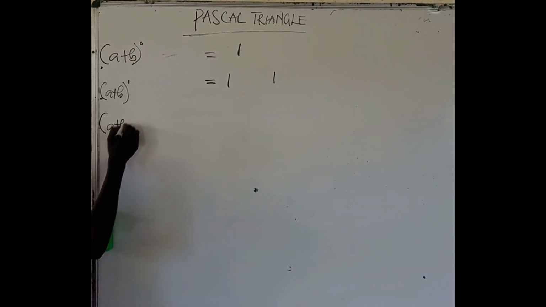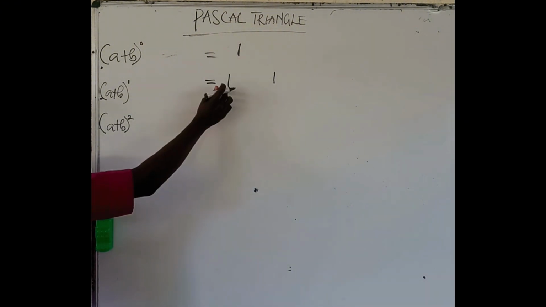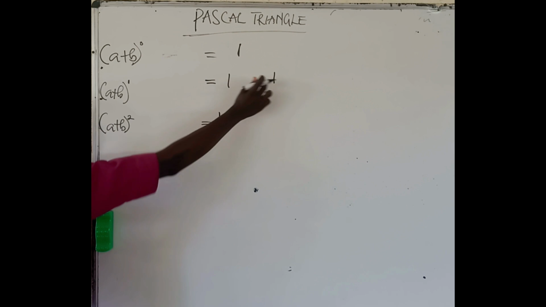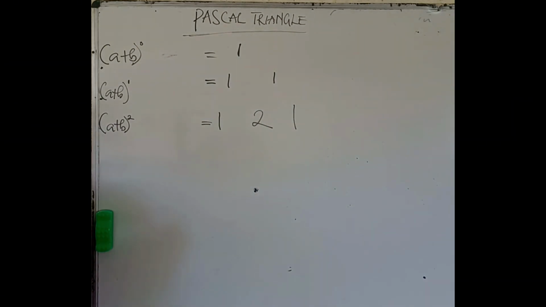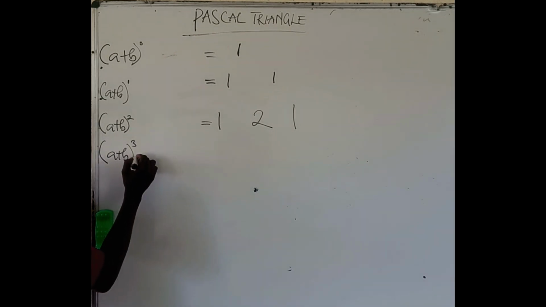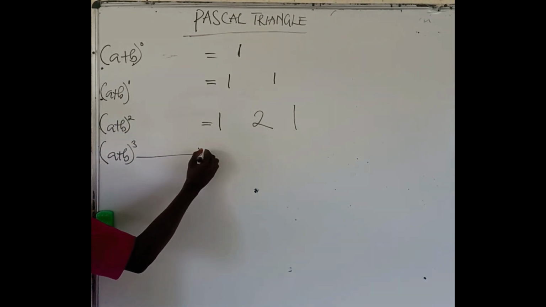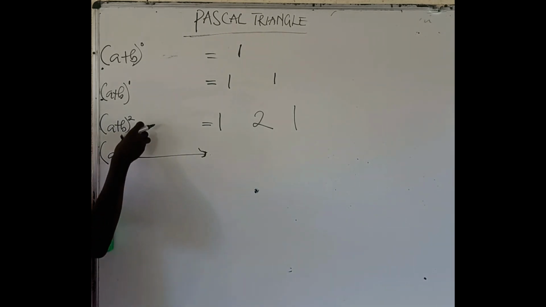Let's look at a plus b raised to the power 2. That is going to be 1. You start with 1. 1 plus 1 will give you 2, and 1. So when you have a plus b raised to the power 3, it means the coefficient of the Pascal triangle of expanding a plus b into power of 3.